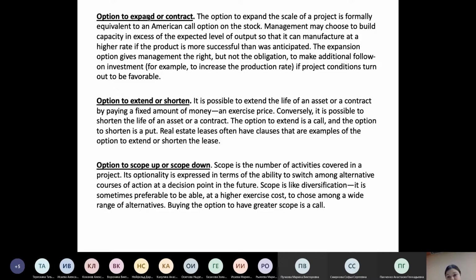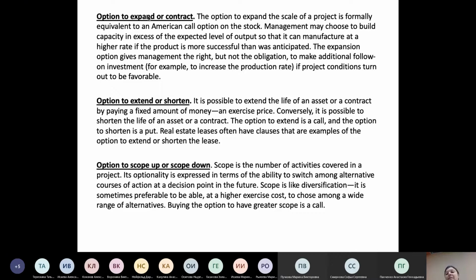And the option to scope up or scope down. Scope is the number of activities covered in a project. In terms of our real option valuation, it means, first of all, the ways, the channels of our project and changes in production capacity of our project.